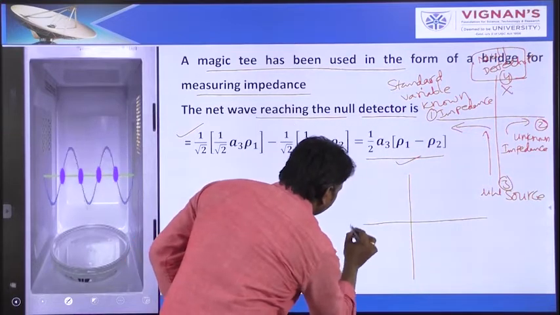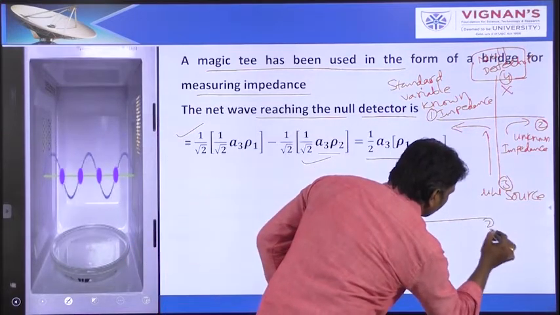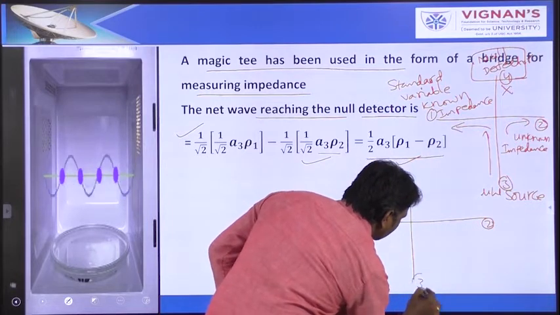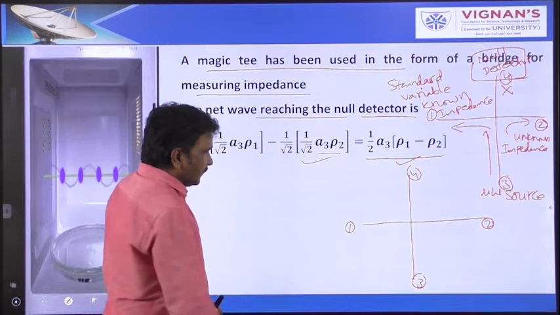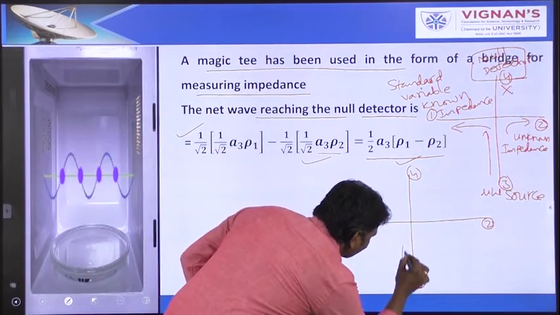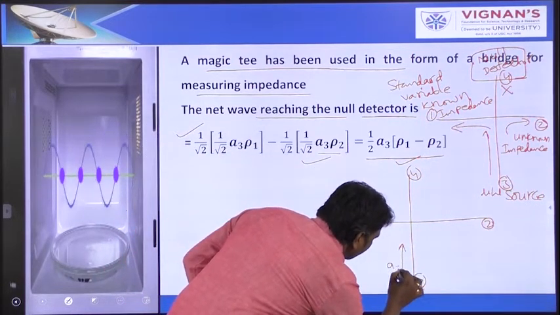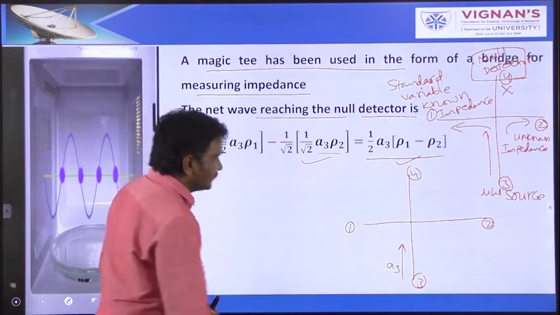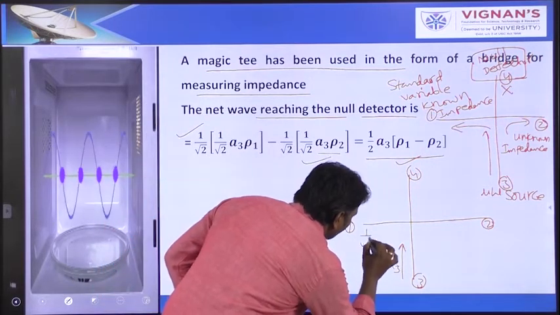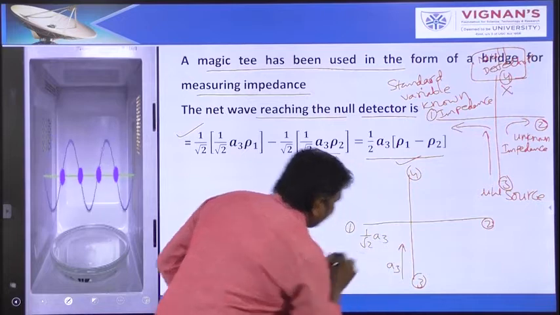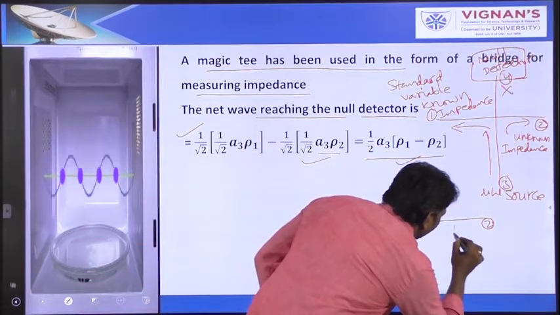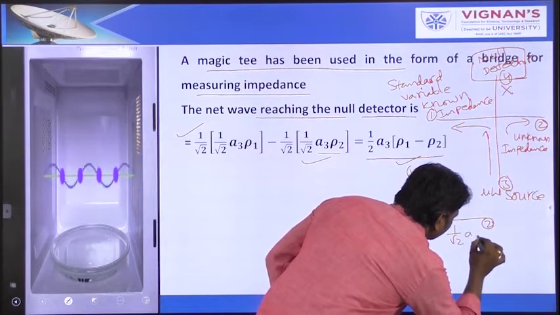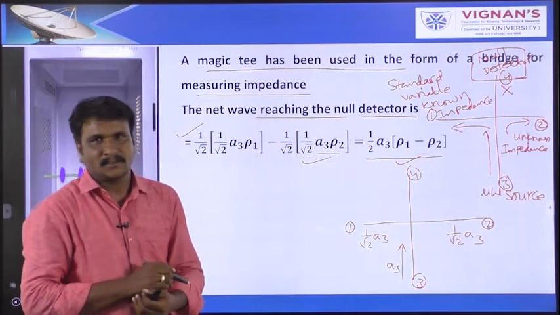See, this is port 1, this is port 2, here it is port 3 and here it is port 4. See, if we apply A3 power at this port, what happens? 1 by root 2 into A3 power comes towards the first port, the same 1 by root 2 into A3 power comes out of the second port, right?